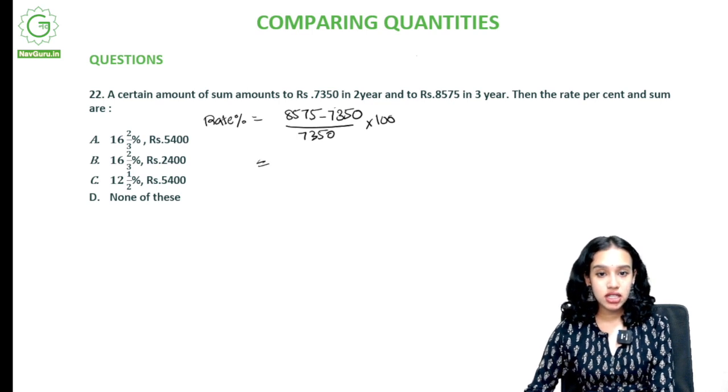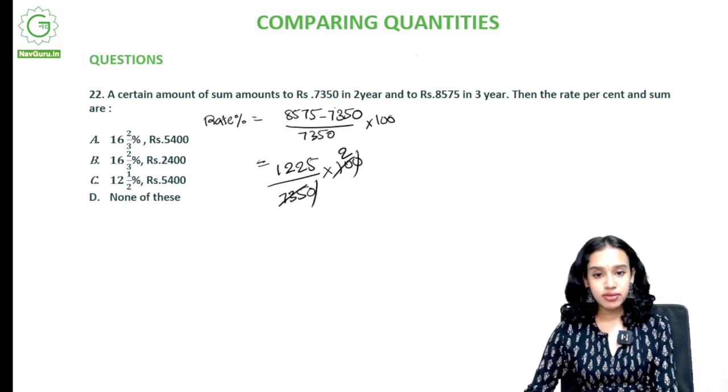So which gives us 1,225 by 7,350 into 100. So let's cut this out. 10, 2 times and 5. Now we have 1 times of 5, 23 we have 4, then 35 we have 7.